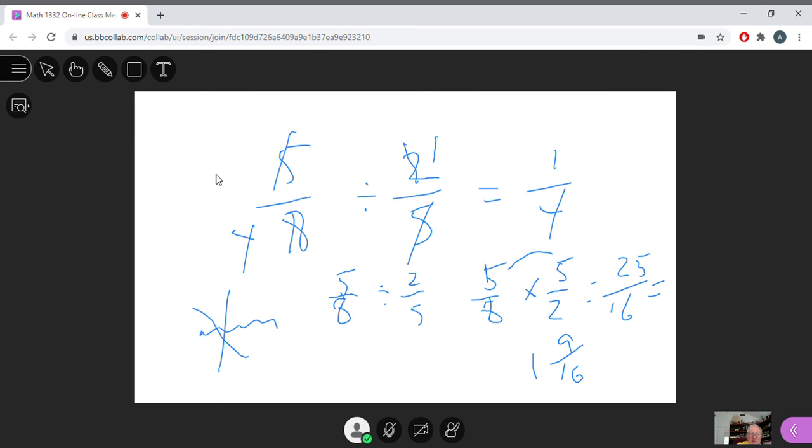So 5 times 5 is 25, 8 times 2 is 16. You could not cancel. They will try to trick you with a problem like this because they want to make you reduce, make you think you're smart, but they will catch you. All right?